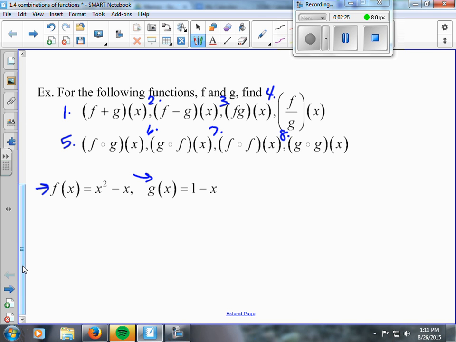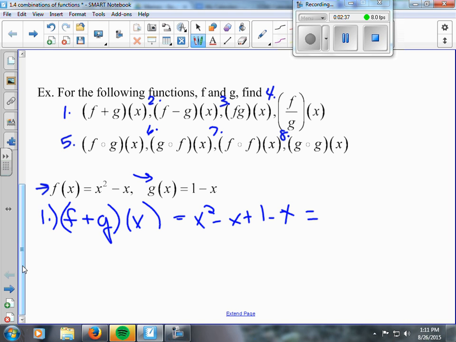Kind of neat. Okay, so first of all, what if I add the two functions together and obtain f plus g of x? That is simply x squared minus x plus 1 minus x, and this simplifies to x squared minus 2x plus 1. Now, on the second example, what about f minus g?